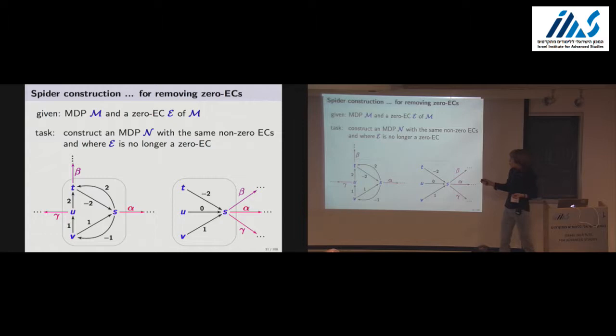That's what we can use to come up with what we called a spider construction. I omitted the action labels here. This is one action and this is another action, and both of them have weight 1.